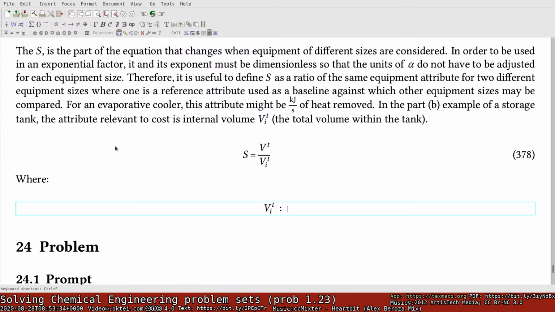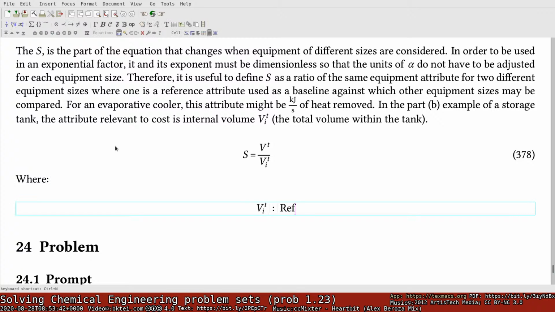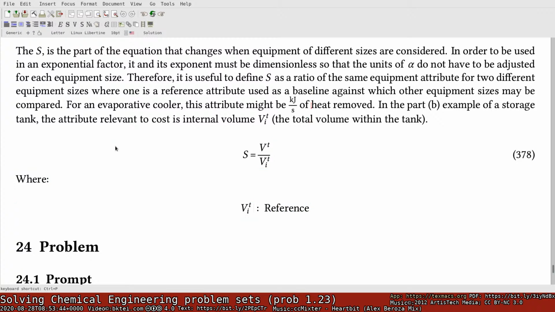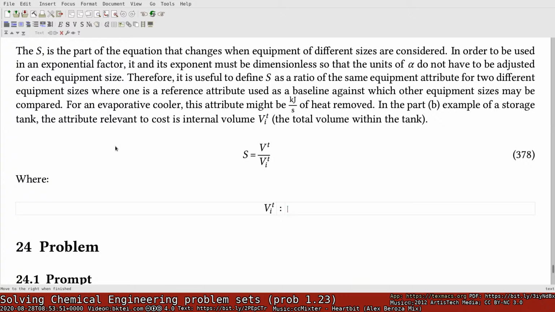What did we call this earlier? Reference attribute for this example, which is volume.